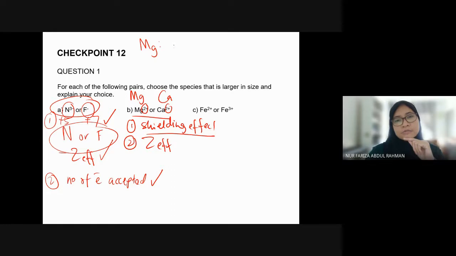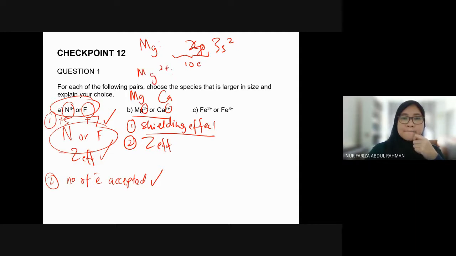Magnesium is 3s2, so we have 10 electrons there. Magnesium 2 plus has 10 electrons, so it becomes 2p6, 2s2, 1s2.